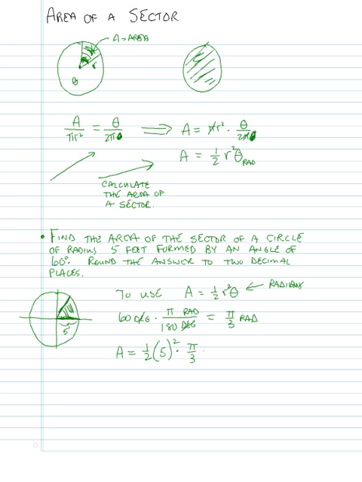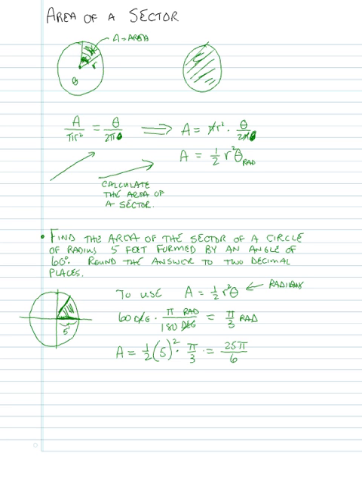So what we get here then, of course, after I made that awful mistake, you'll see when we square 5, we get 25. And so we'll end up with a 25 in the numerator times a pi in the numerator. And in the denominator, we have a 2, and from that 1/2, and a 3 from that pi over 3, 6.